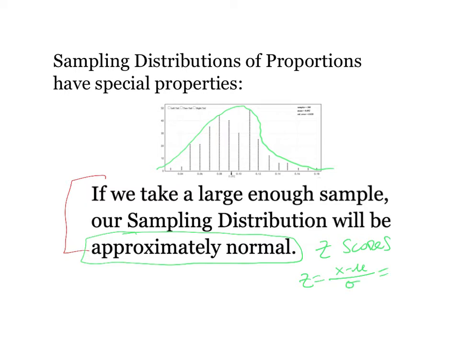And when we're using proportions, it would be p hat minus p over the standard deviation. Because remember, p is our population proportion, which is the categorical equivalent to the population mean. Then p hat will be our sample, and then the standard deviation is the standard deviation. So taking large enough samples allows us to use the normal distribution.